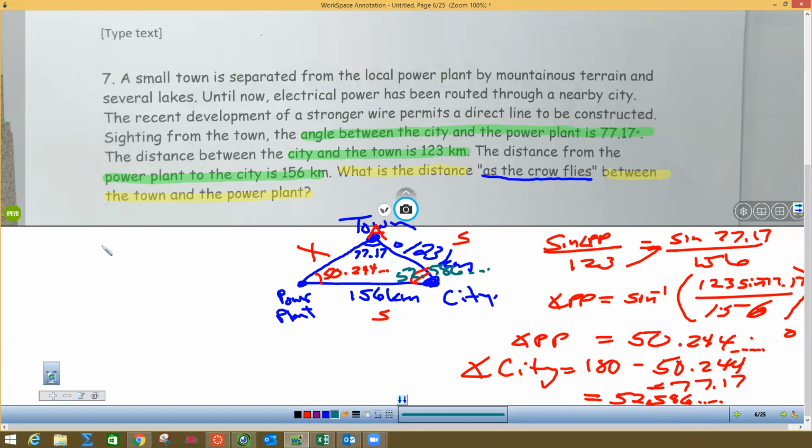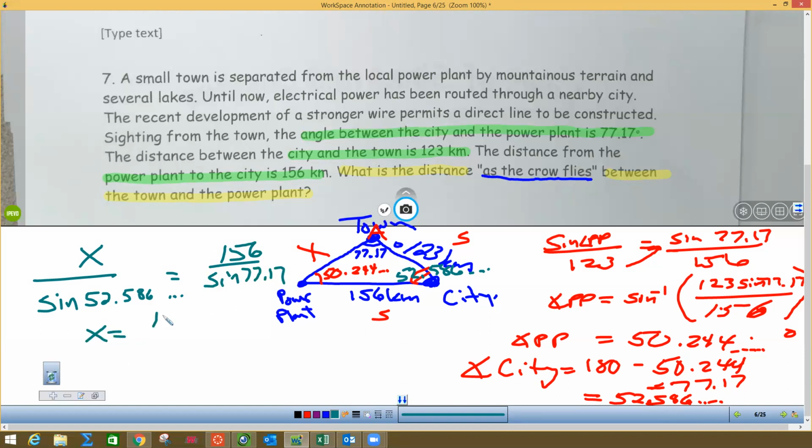Now I can find X. So I'm going to say X is... Anybody check theirs to make sure that's right? Anyone else get that? Please somebody check it, make sure we're getting the right numbers here. 52.586 is going to equal, and then I'm going to write down my given one, the 156 sine 77.17. Anybody else get that other angle?